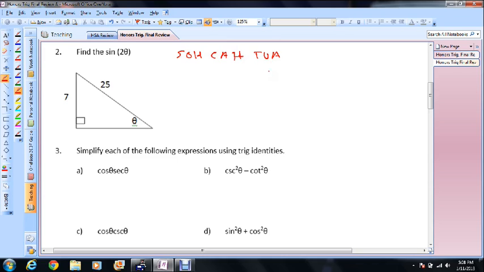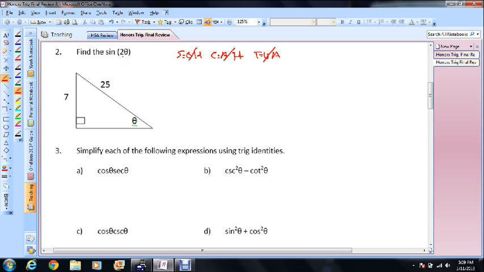This will help us remember that sine is the opposite divided by the hypotenuse. Cosine is the adjacent divided by the hypotenuse. And tangent is the opposite over the adjacent. So I'll insert a few equal signs here and remind us how the equations are set up.